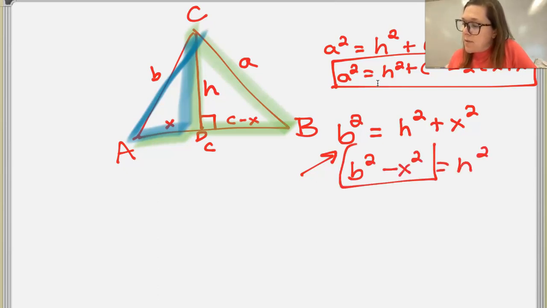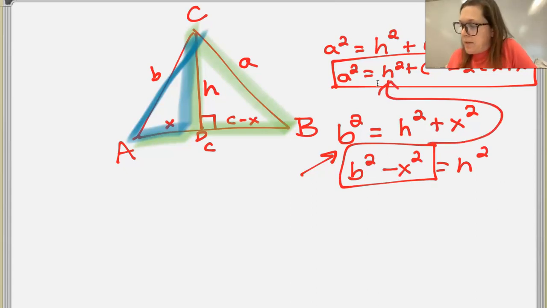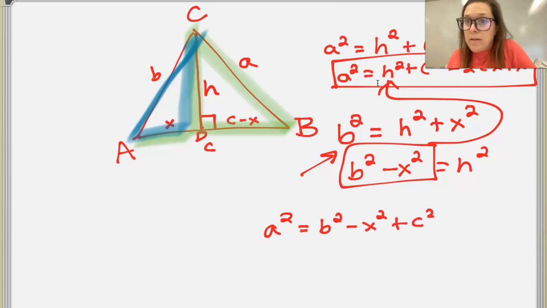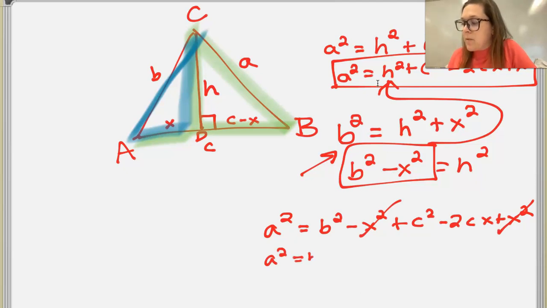And then I could substitute this in place of my h squared up there. So now that first box turns into a squared is equal to b squared minus x squared plus c squared minus 2cx plus x squared. And then my x squareds are going to cancel. So now I am left with a squared is equal to b squared plus c squared minus 2cx.